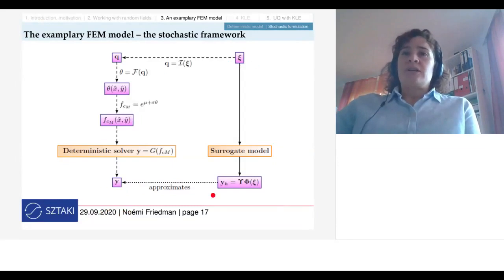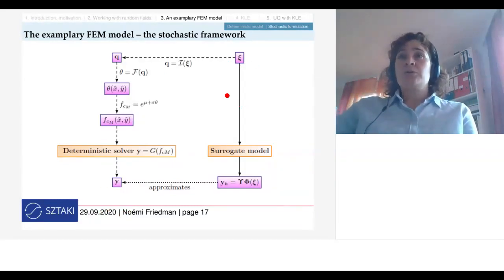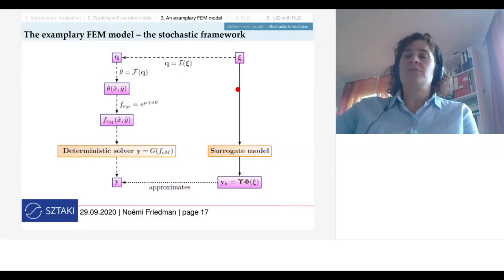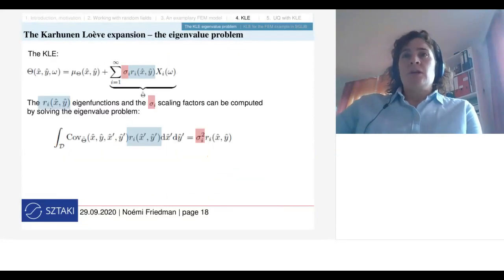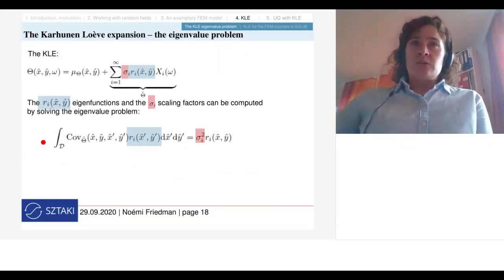So now in the further slides, I will show you the previous steps, how I can define these maps. And then whenever I have these maps, I can generate a surrogate model, giving me from this set of Gaussian random variables the observable displacements. Okay, so how do I do that?